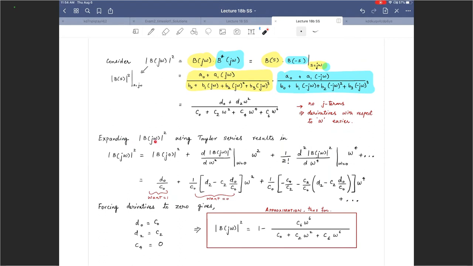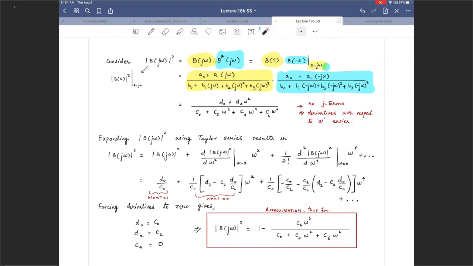So expanding |B(jω)| squared using the Taylor series, we have a similar result here. Function evaluated at 0, ω squared. Function evaluated at 0, ω to the power 4. What are we doing here? We are using ω squared as our x, right? So earlier we had constant, x squared, and so on.